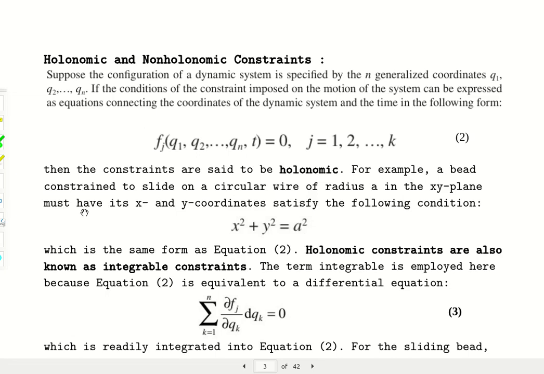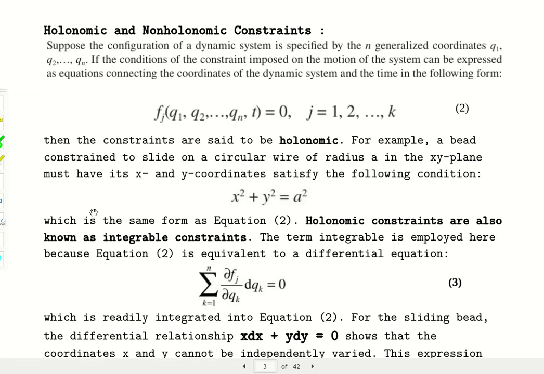Now let us take an example of holonomic constraints, where the generalized coordinates are related by an equation. Let us take a particle rotating along a circular path, constrained to move along the circular path. It can't depart from the circular path.